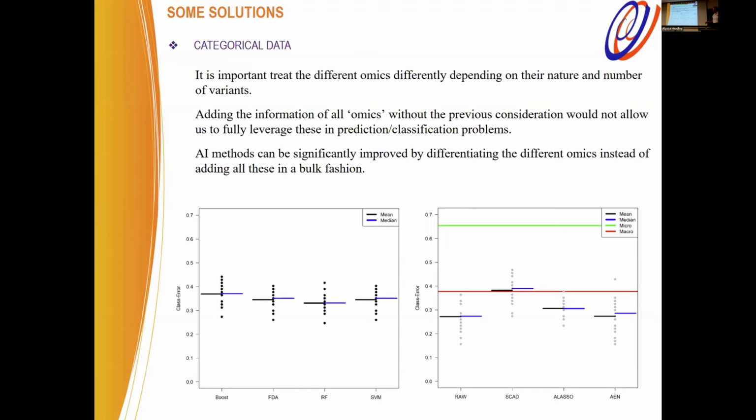On the left side, we have the performance that we obtained using the AI methods, whether neural networks, random forest, or support vector machine. On the right side, we have the results obtained using the method that we are proposing. As you can see, most of the time the method that we propose returns a reduced classification error compared with the different machine learning approaches.